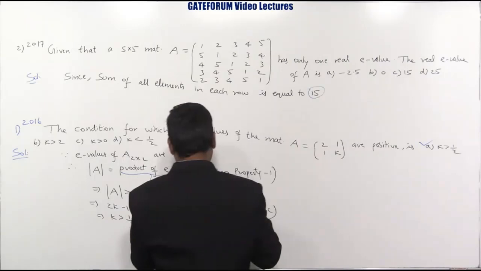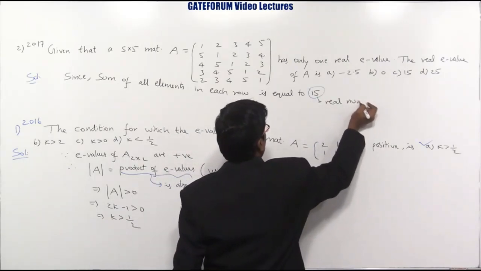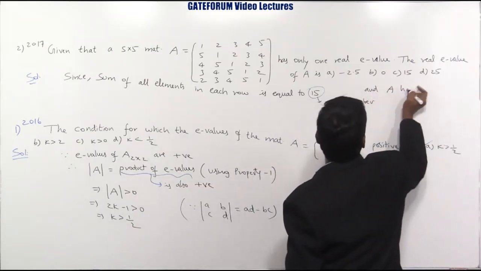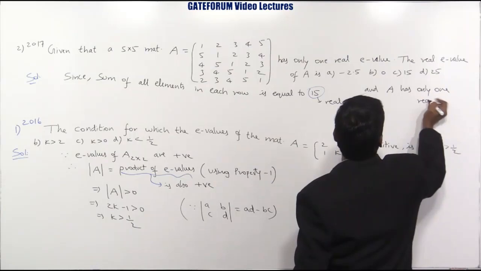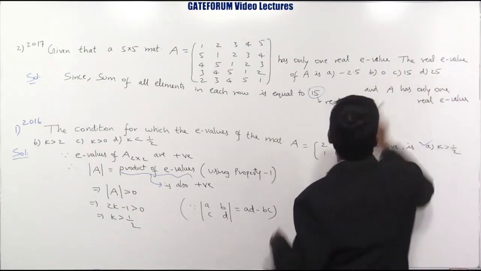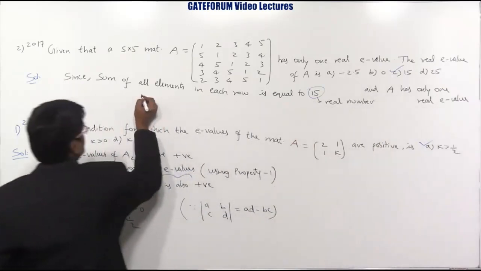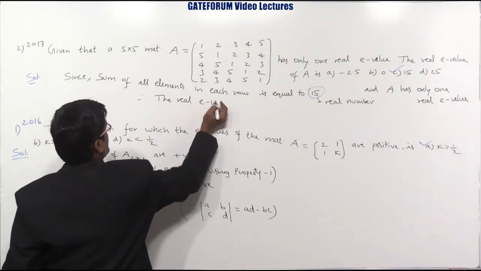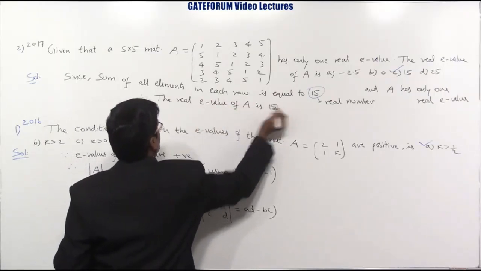This 15, which I highlighted in blue color, is a real number. And A has only one real eigenvalue. Moreover, you can depend on the options. There is an option C directly, 15. Okay? Therefore, the real eigenvalue of A is 15.